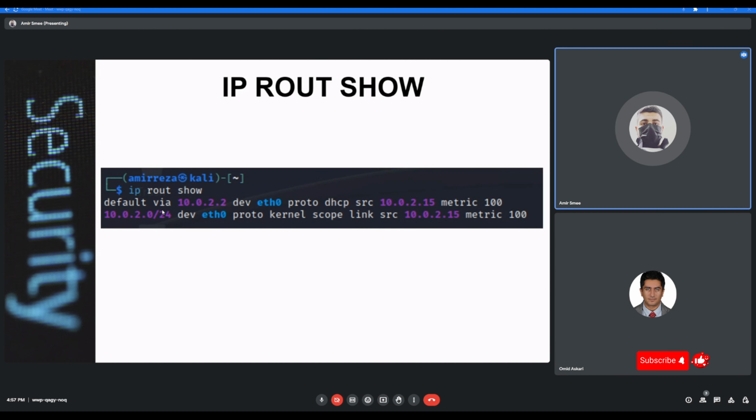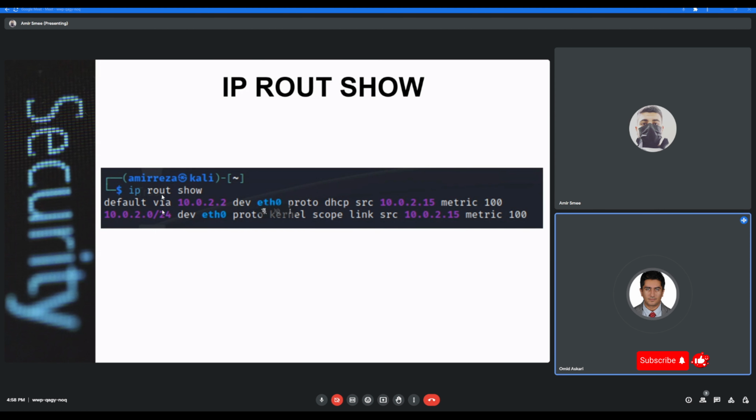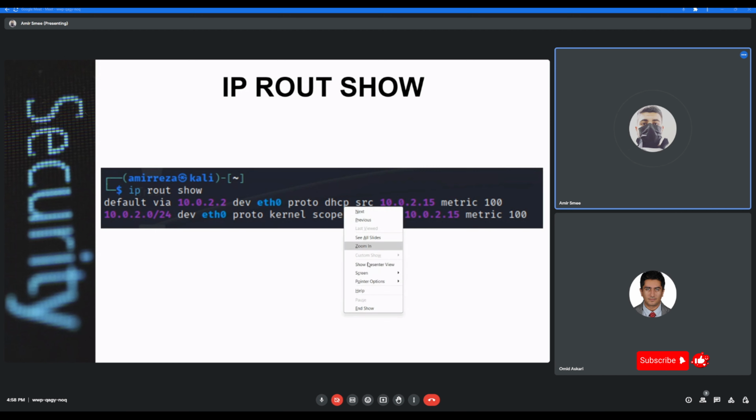I can't try this at this moment, but I always use the tab button and it autocompletes. Okay, but I don't know what the problem is, because you should type IP route show. After this presentation, I will check it. Okay, go ahead. Thank you.